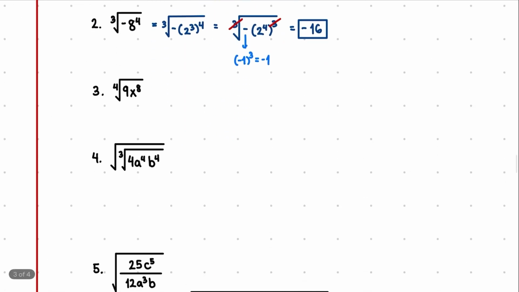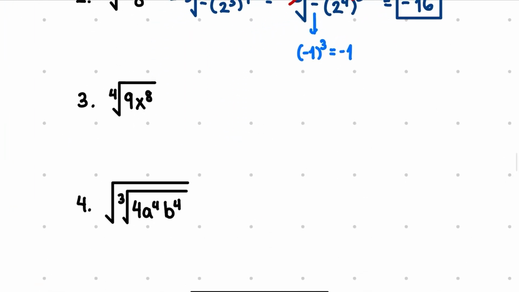Okay, then for the third one, let's see what we can do. Take note that the inside, which is what we actually call the radicand, we can view as 9 being 3 squared, while x raised to 8 can be viewed as x raised to 4 squared.